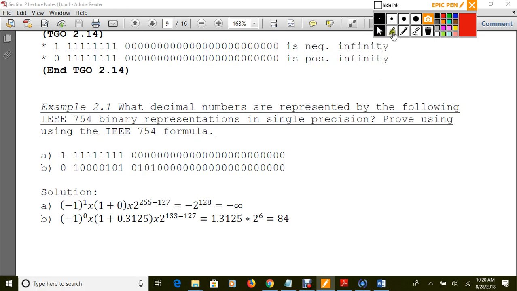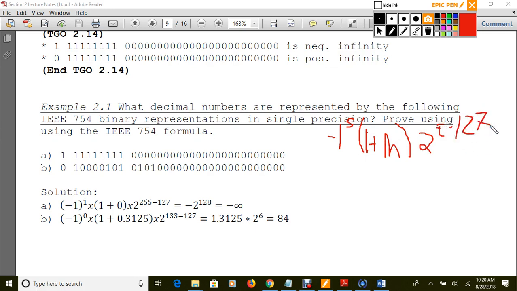So in this case, all of these would just be 32 bits together, but this is IEEE 754 single precision format. Using the formula, I'll prove what these values actually are. Remember, it's negative 1 to the sign bit times 1 plus the mantissa times 2 to the e minus 127.